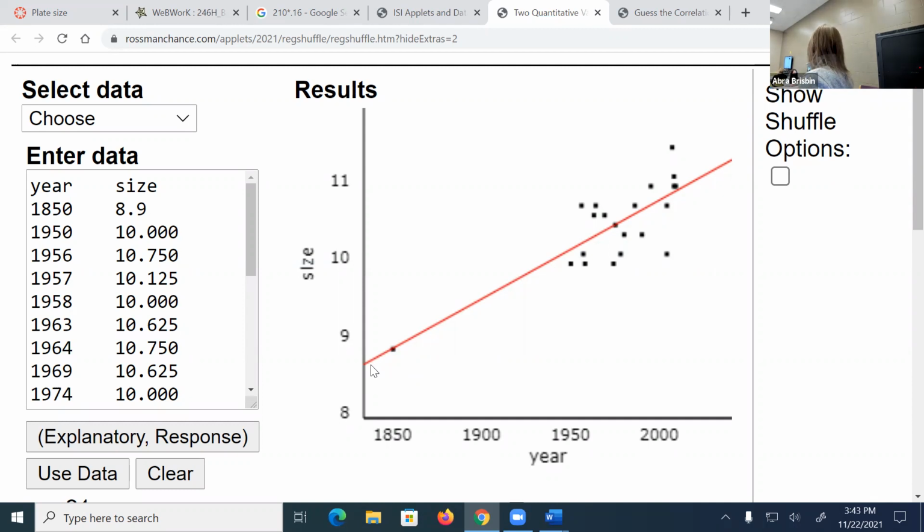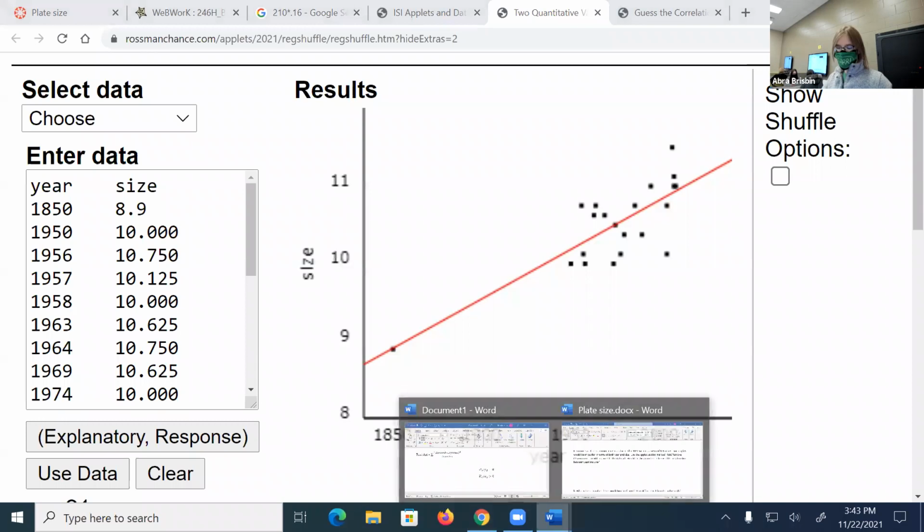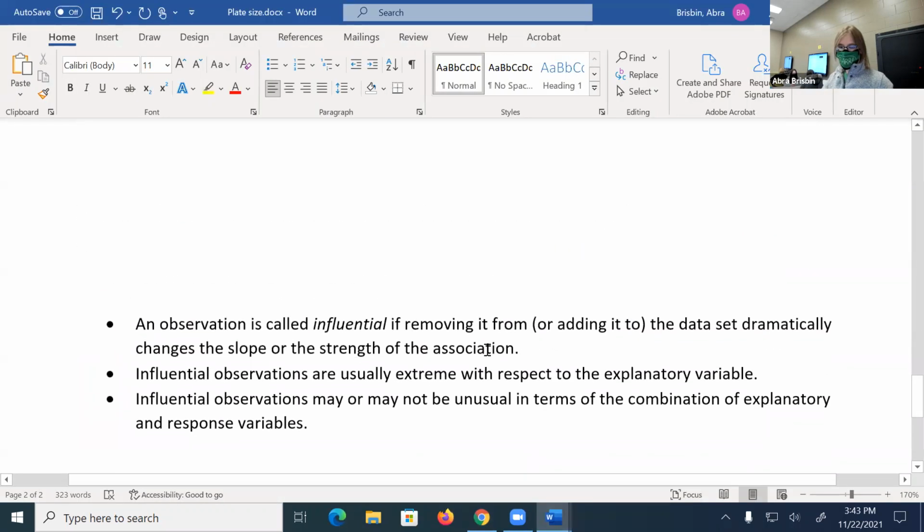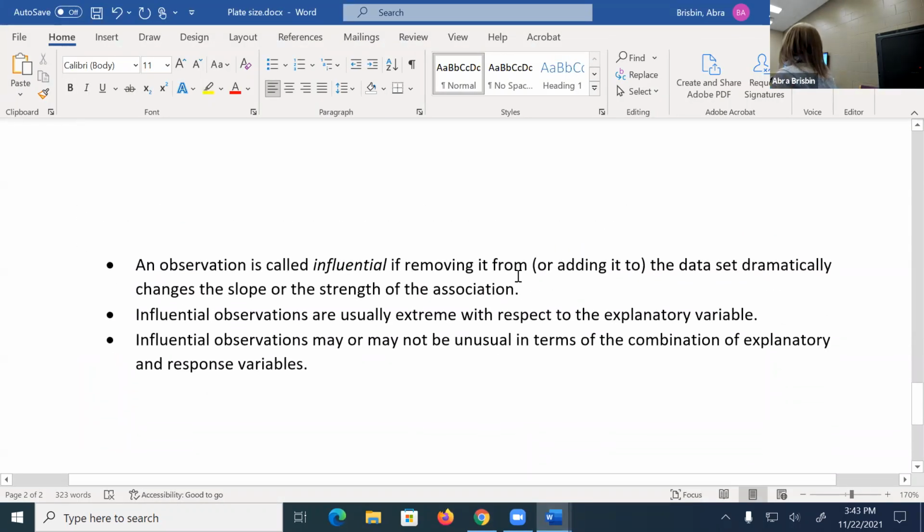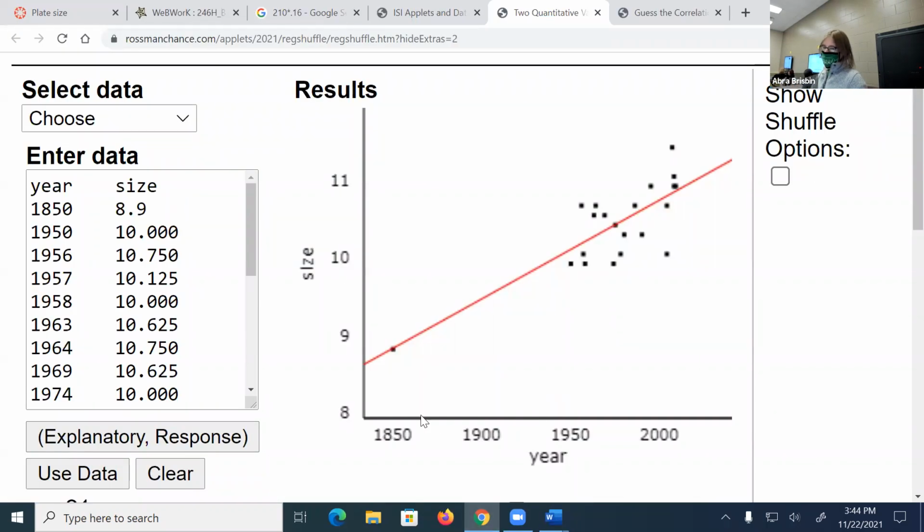So it went from a moderate relationship to a strong relationship. So that makes this an influential observation, where adding it to the data set changes the strength of the association by quite a bit. And that's very common for data points that are outliers in terms of the explanatory variable.